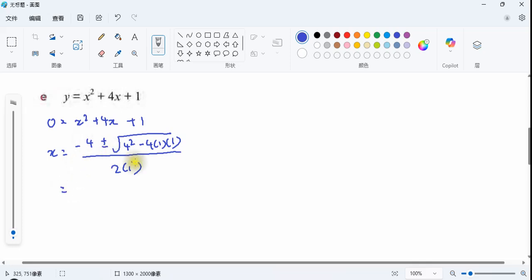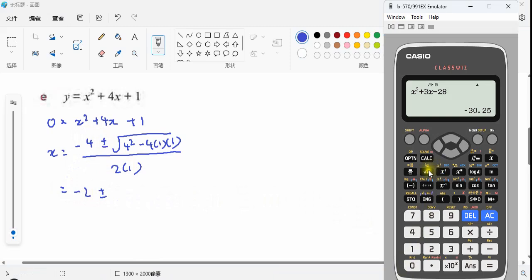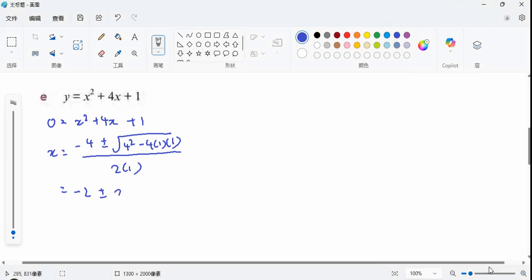Negative 4 divided by 2 is negative 2, plus or minus the square root of 16 minus 4, which is the square root of 12, or 2 square root 3. Then 2 square root 3 over 2 is square root 3.